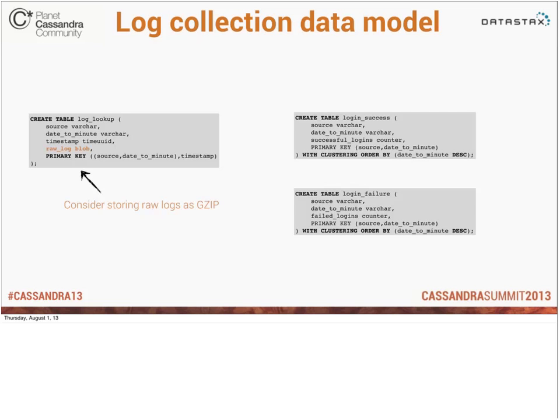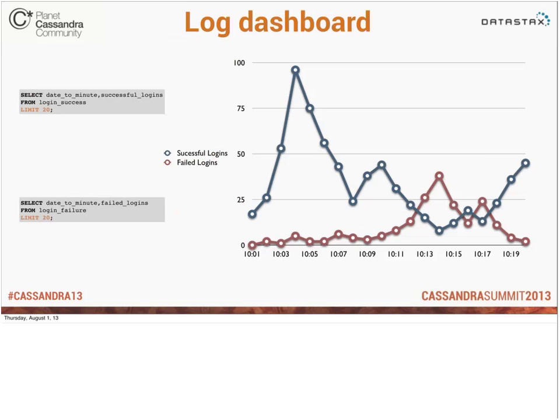It's a more complicated syntax to mean I want to reverse the order of data being stored on the disk. Much more efficient. The key is that it allows for select queries like select date to minute, limit 20. I want the last 20 things that happened.